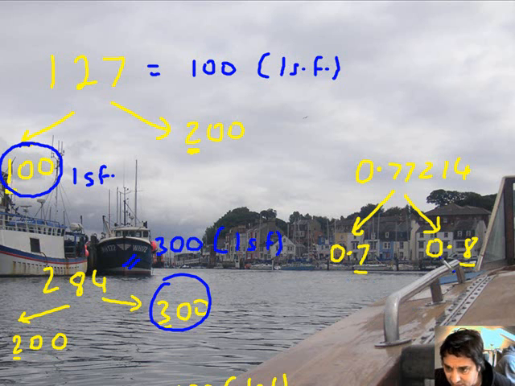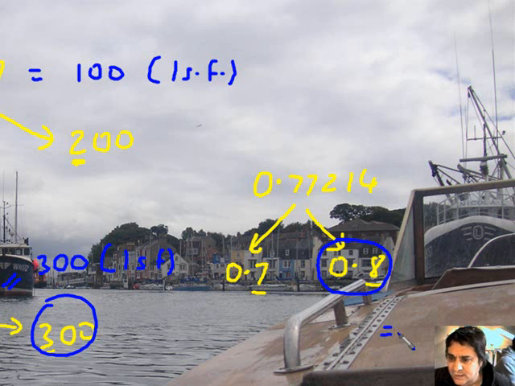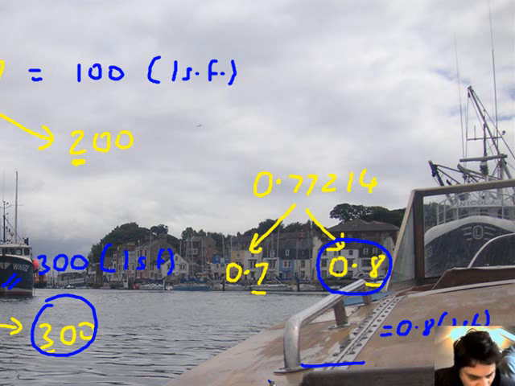We don't count that 0 there as significant. We look at what this 7 does to that 7. Of course, the 7 is 5 or more, so we'll push it up to 8. Therefore, 0.77214 is nearer to 0.8 to 1 SF and not to 0.7. So we're looking at 0.8 (1 SF).